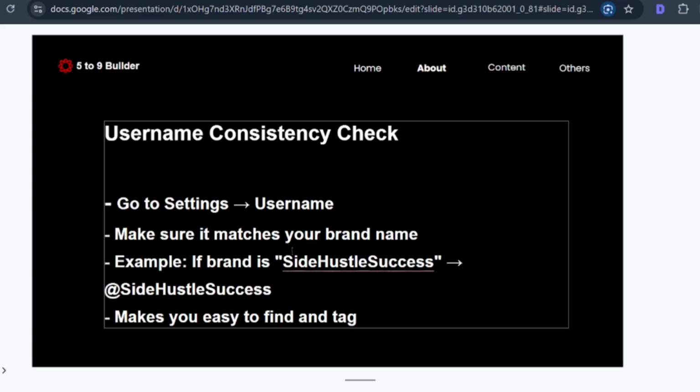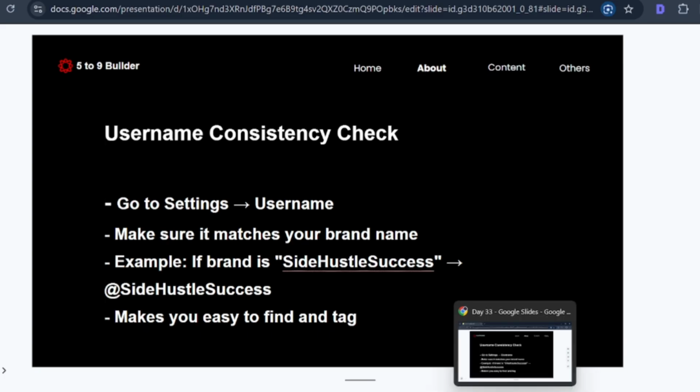Okay, if you create the name and then you change the name, the username will not change automatically. So if you created the username and then you created the page name and then later you decided to change it to another name, the username will stay at the first name that you created, and so you have to check the consistency and then make sure they all tally with each other. Okay, all right.